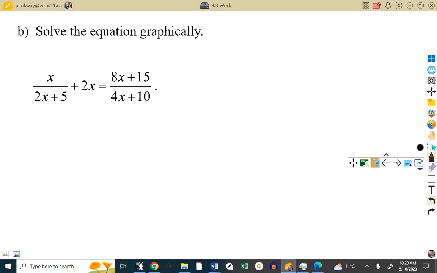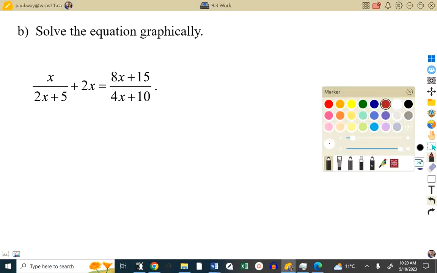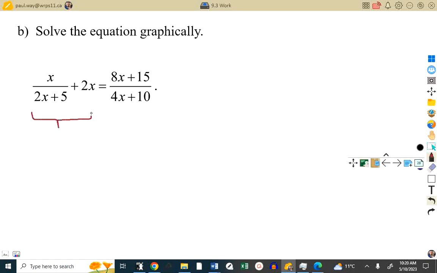Now that we're kind of focused on using our calculator, let's solve this equation graphically. I am not going to zero the equation to get one function so I could find its x-intercepts. Let me be clear. You need to know that that's a possible path that would lead you to a correct solution.